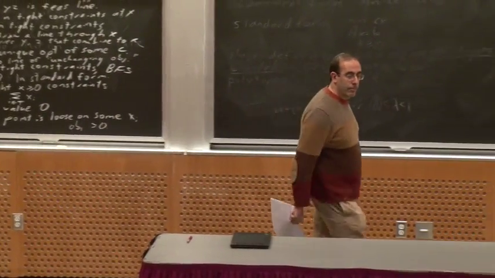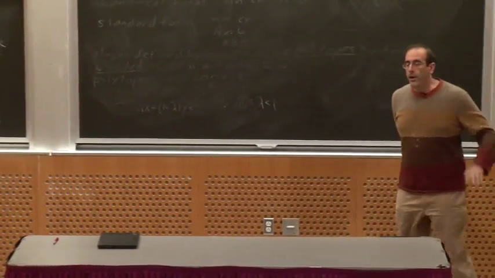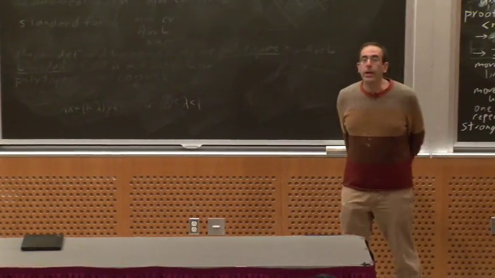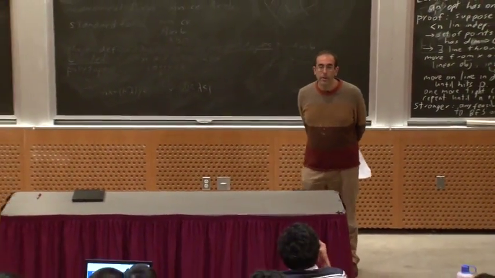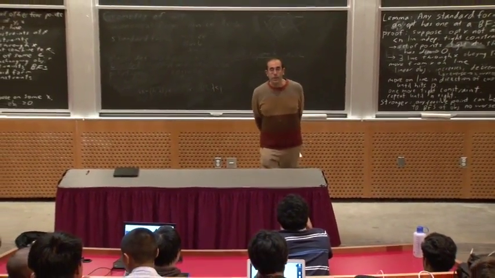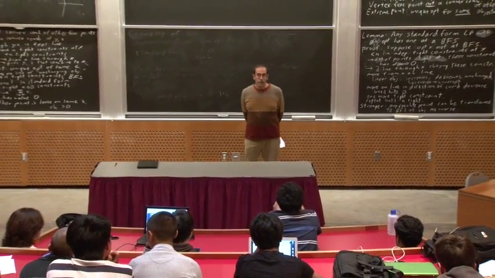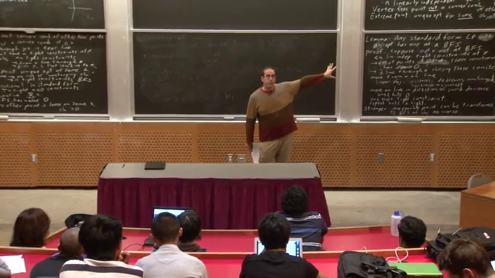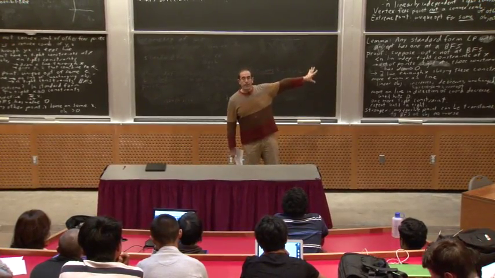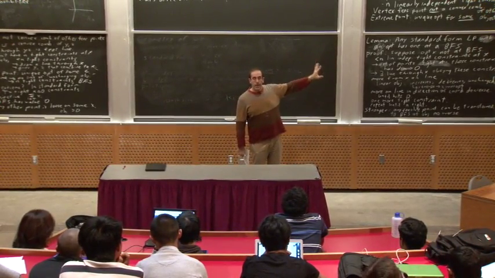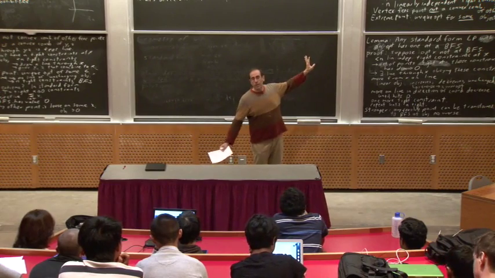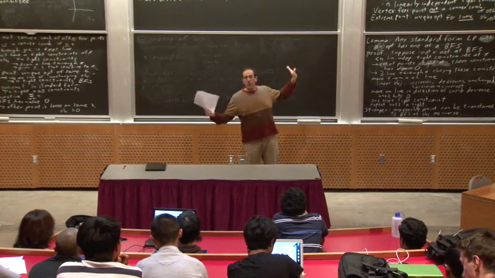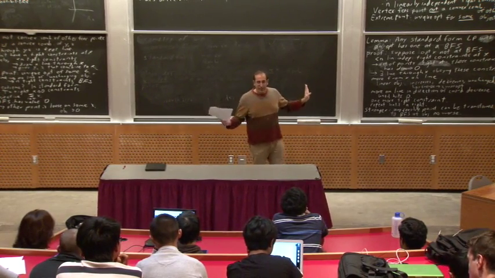So in the canonical form, there is a degenerate case where a corner can be the intersection of n plus 1 constraints. Yes. Well, that's why this basic feasible solution is defined in terms of n linearly independent constraints. And that solution may actually be an intersection of more than n constraints. Right? But they won't all be linearly independent. Obviously, they can't be.